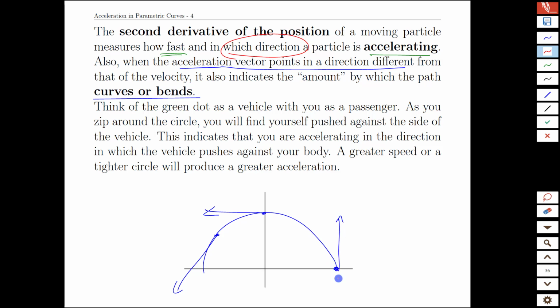So if we have this as our velocity at time 0, and we have this as our velocity at time pi over 2, then there must be an acceleration that's bending this down so that our velocity changes and becomes something else. You can also think of it with a force idea, because forces are what cause accelerations. In the absence of a force, we would continue in a straight line, but because there is a force resulting in an acceleration, we're going to move out of that straight line.